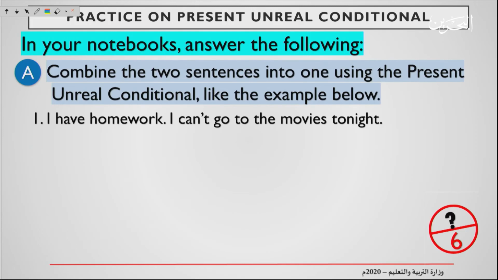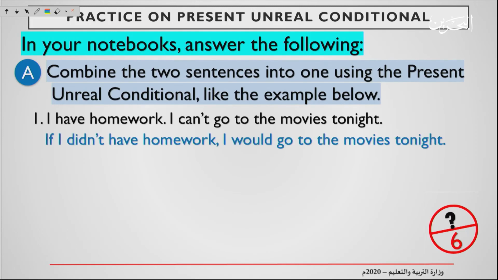So the model answer for this is this. If I didn't have homework, I would go to the movies tonight. So what did I change? I added if to the first clause. So it becomes an if clause. And then I added didn't.